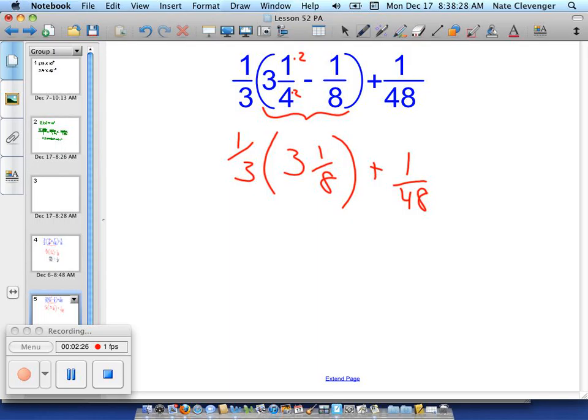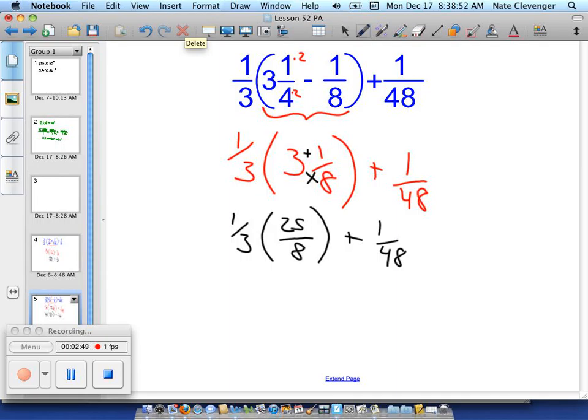Carly, how do I change 3 1/8 to an improper fraction? You do 3 times 8, and then you add 1. Right. Multiply, so 8 times 3 is 24, plus 1 is 25. And then the denominator stays the same. Then close that, plus 1/48.